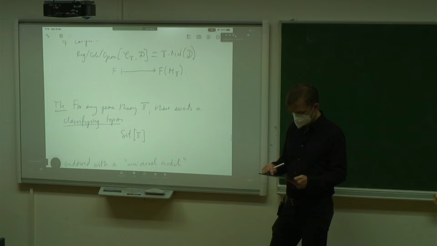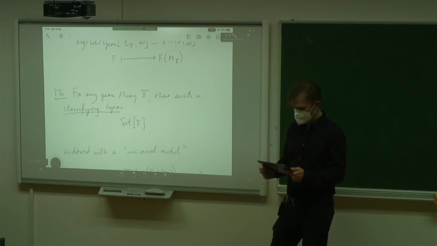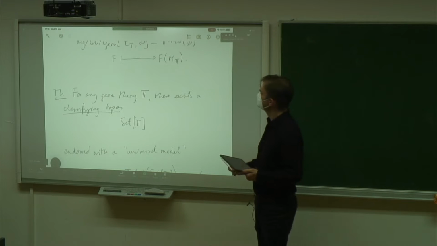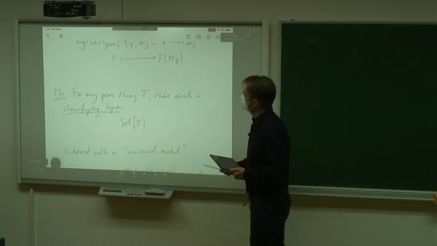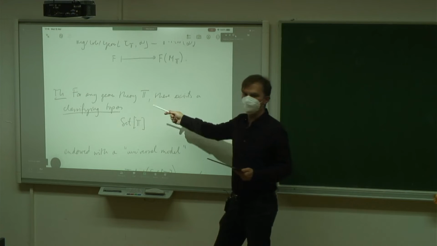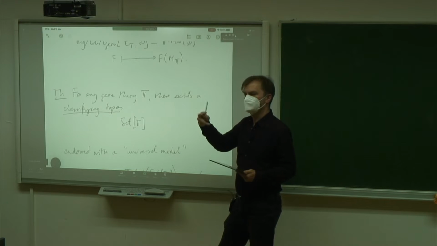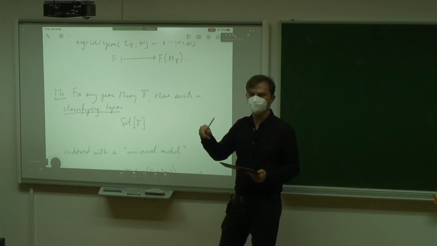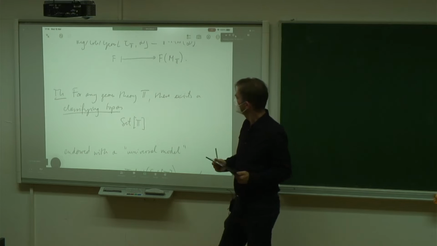Okay, so now we come to the definition of a classifying topos. So start with a geometric theory T. Of course, you can have variants of this theorem for other smaller fragments of logic as well.